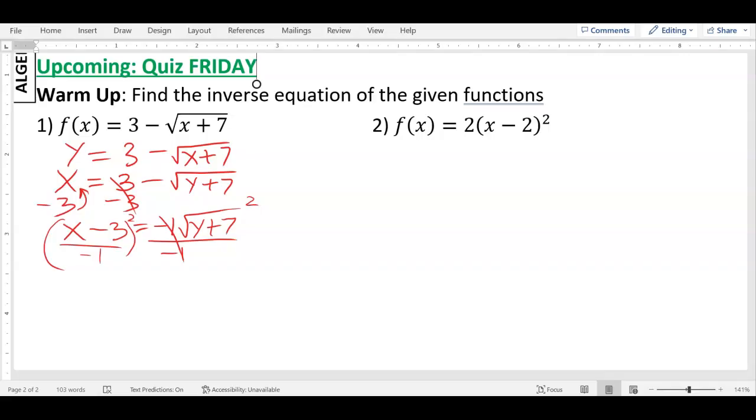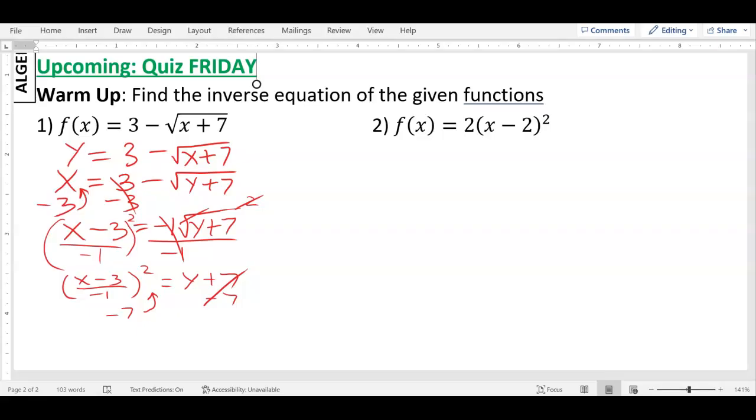All right, so I'm going to rewrite this. So I got x minus 3 over negative 1 squared equals y plus 7. Okay, last step. How do I get rid of that plus 7? Minus 7, minus 7, after that whole big ugly thing, okay?